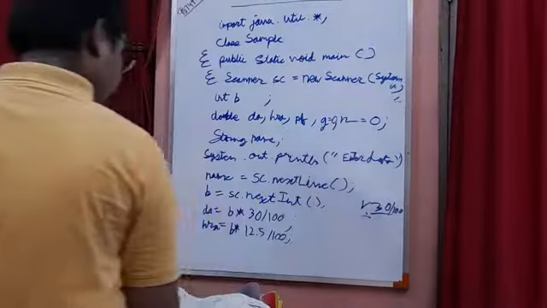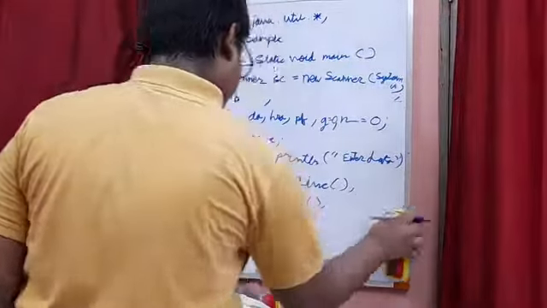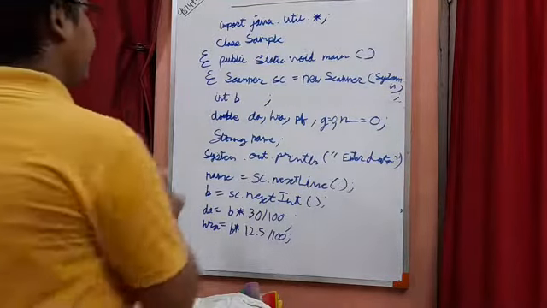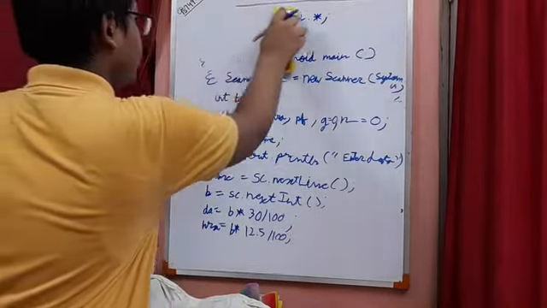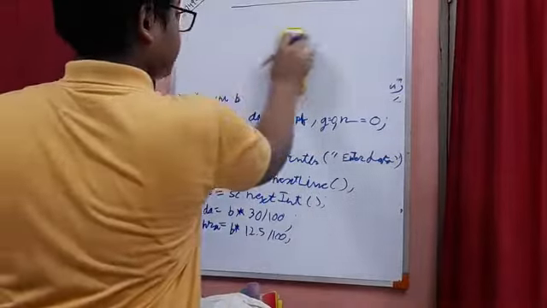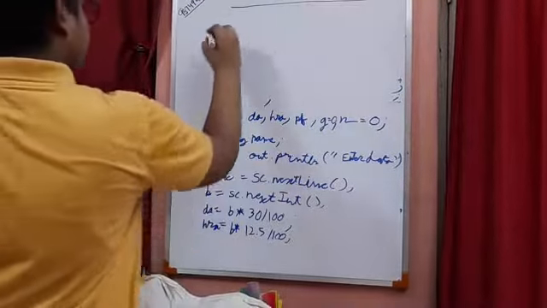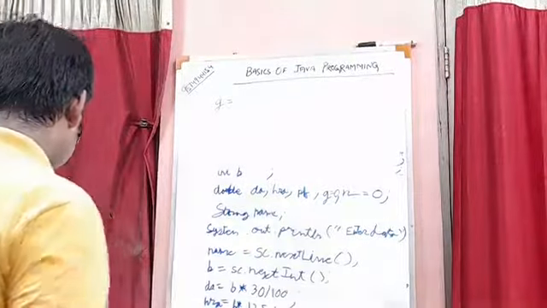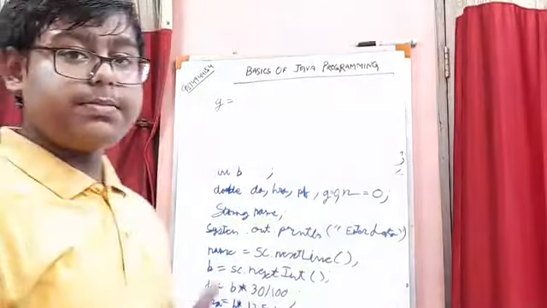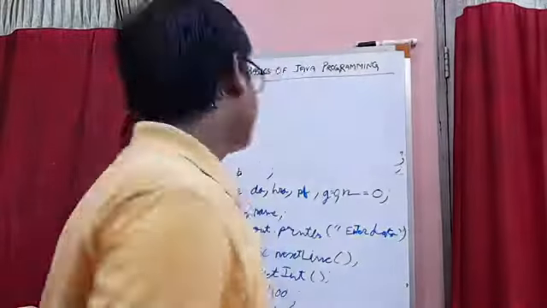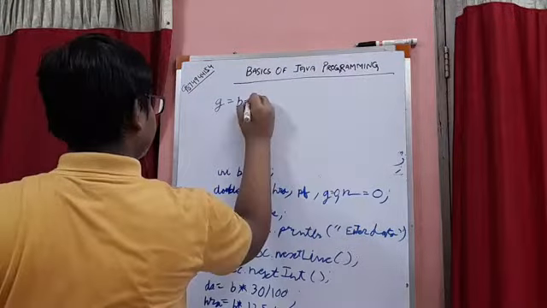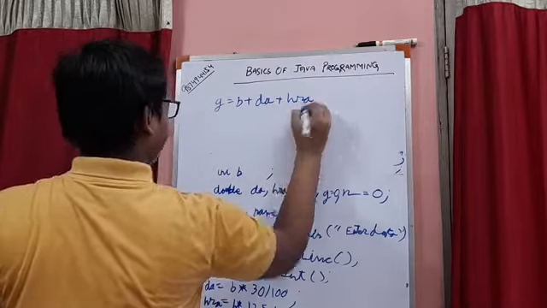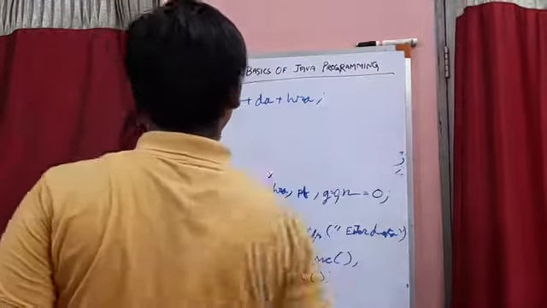Now whenever this place is fully occupied, we need to find gross salary. I will be rubbing this page. G is equal to, G was basic plus DA plus HRA, which means B plus DA plus HRA, semicolon.